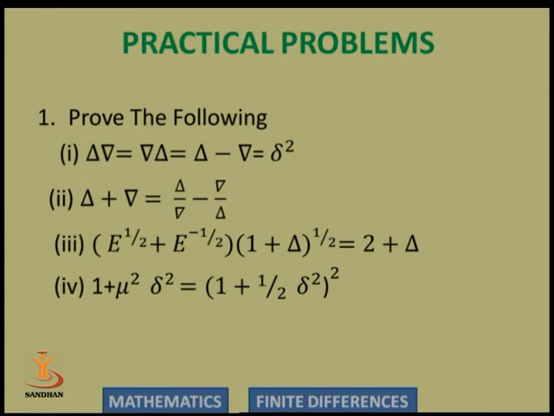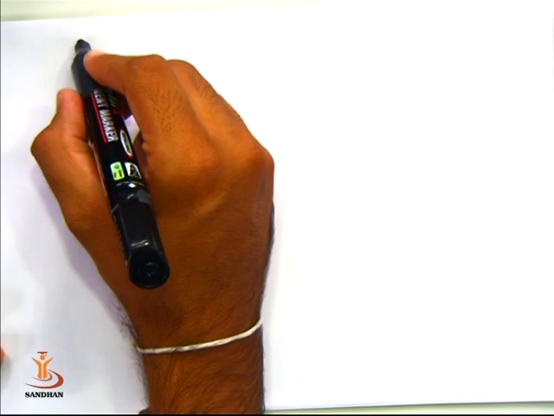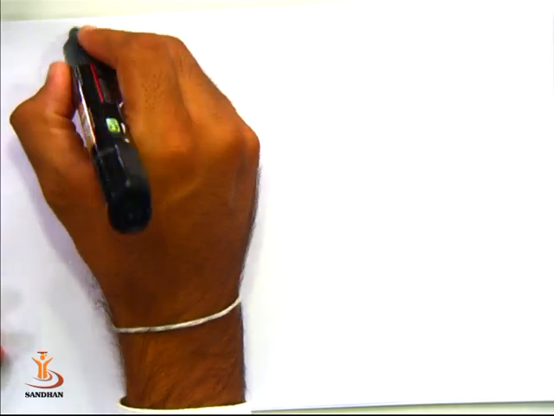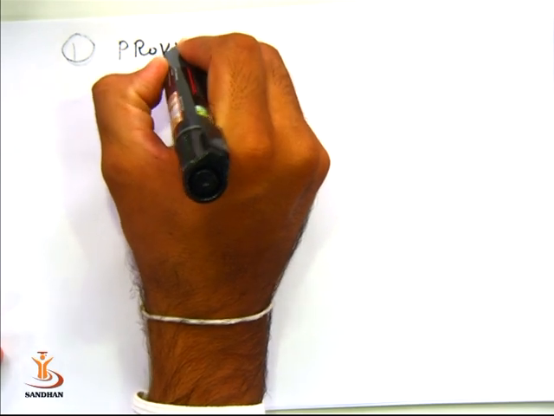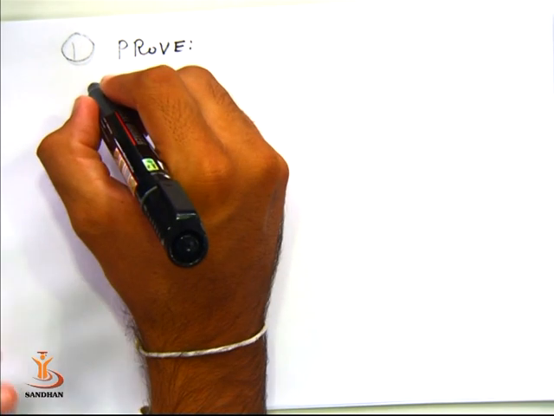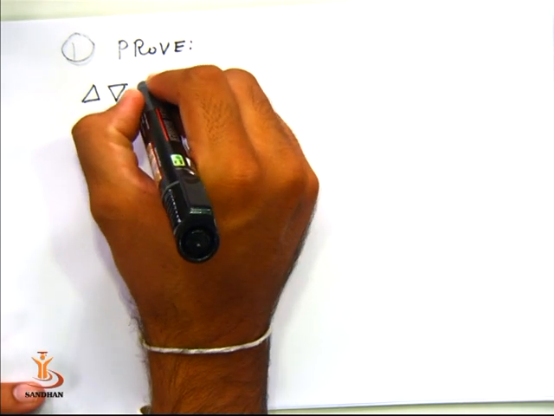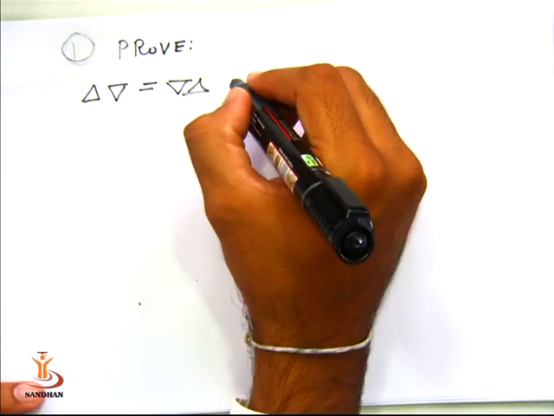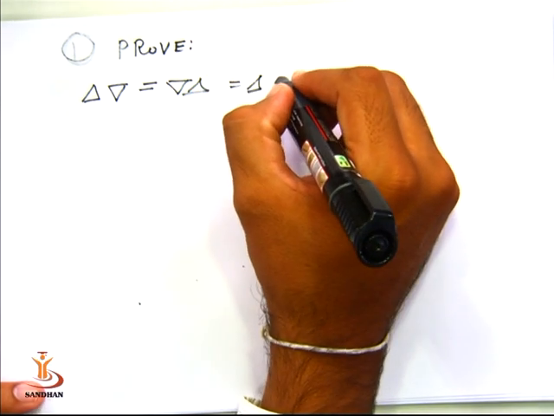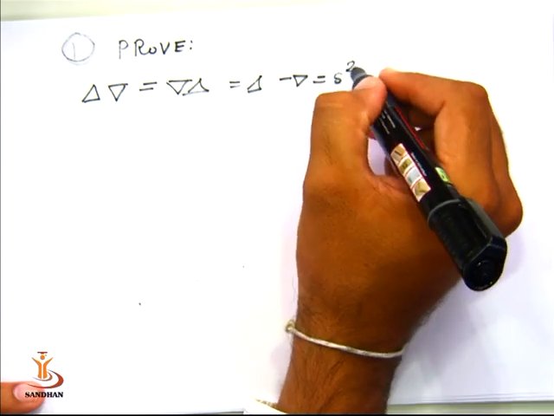All these questions will be discussed in terms of proving the results. The very first question is: prove in usual notation that delta into nabla is equal to nabla into delta is equal to delta minus nabla is equal to delta square.